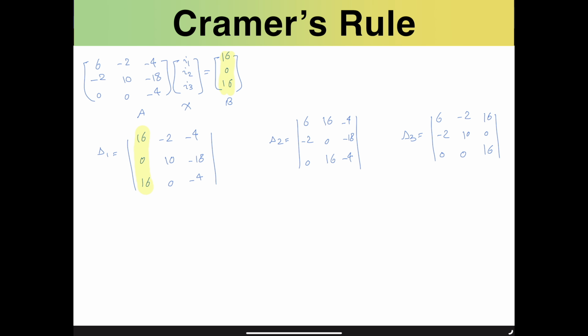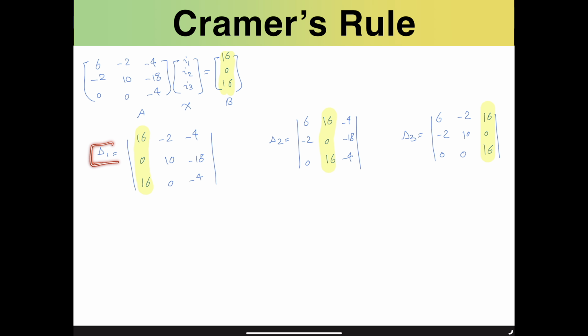So also try to follow the color code such that delta 2 has the second and delta 3 has the last, third column replaced with B, actually, in terms of determinant calculation.